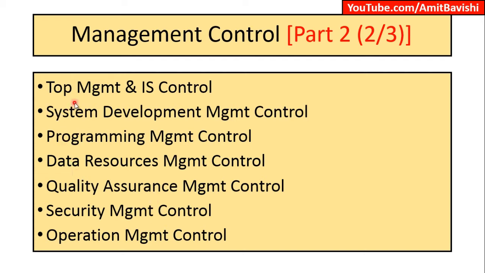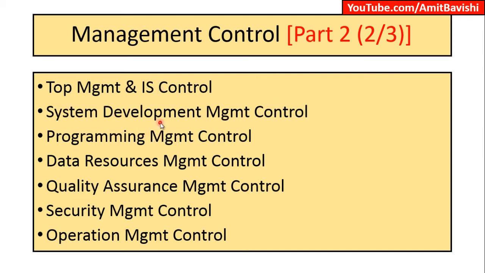So for example, I used to remember the story which I made. The top management wants to build up an information system. So it goes top management, then information system. What they did, they want to develop a new information system. So system development management control.